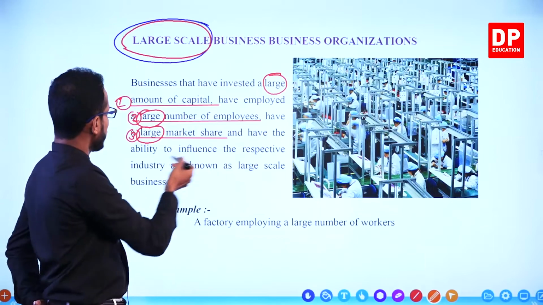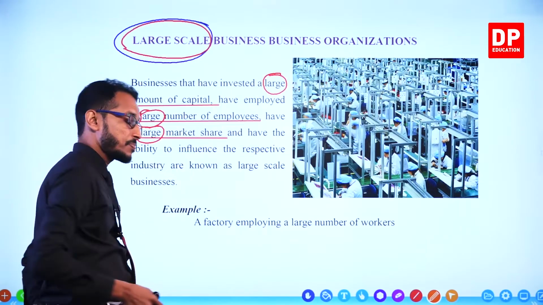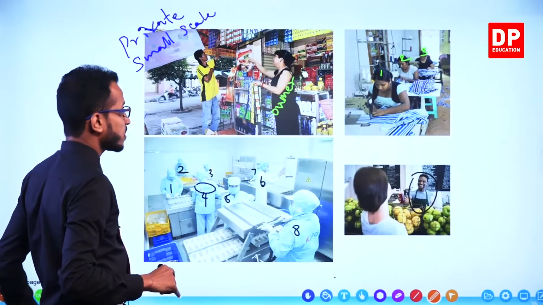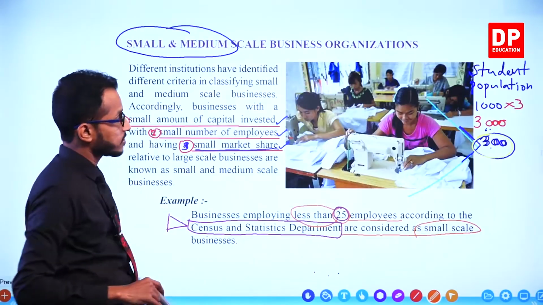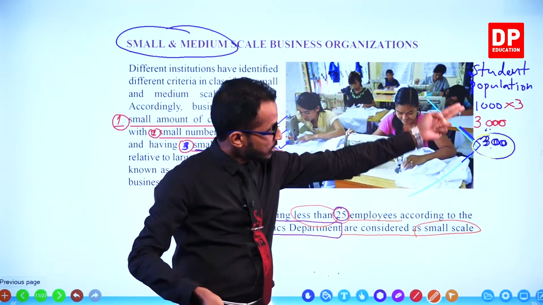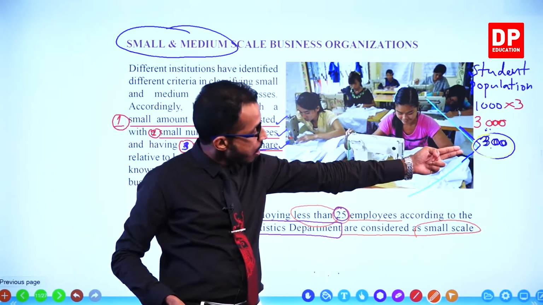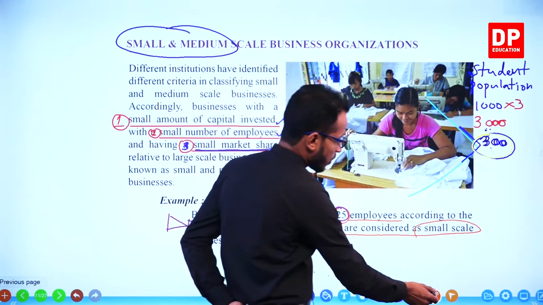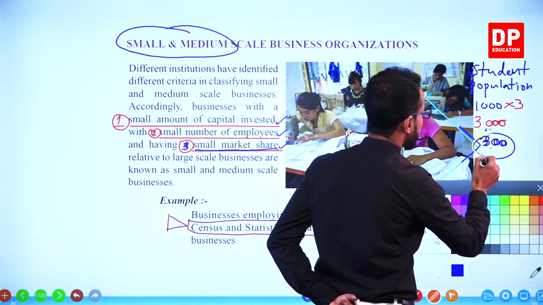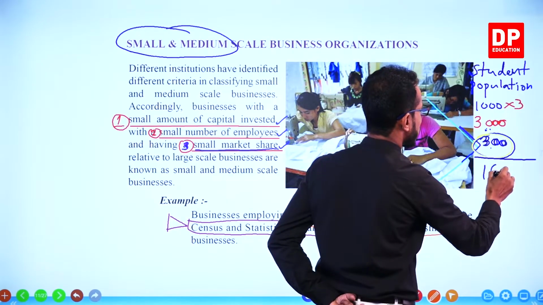They have the ability to influence the respective industry, which means let's take the previous slide and the example which we took to explain market share. Right now, here the market share is 10%.